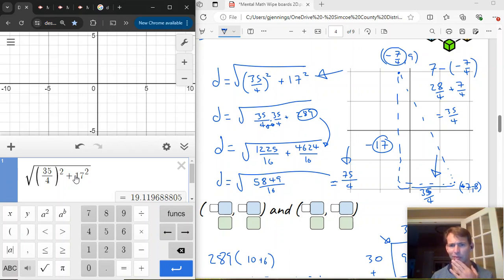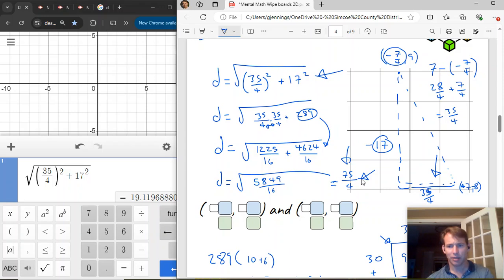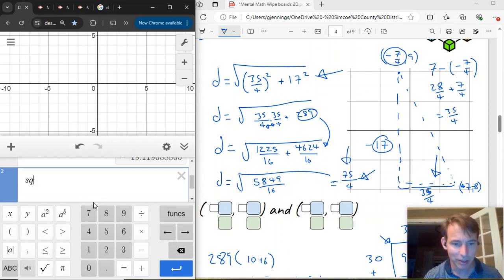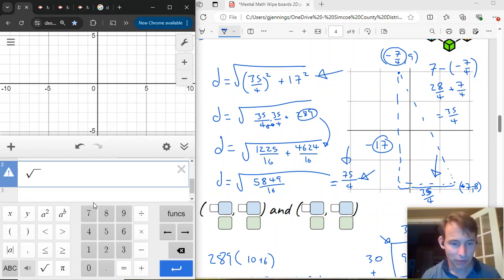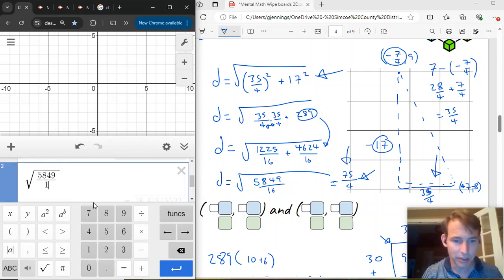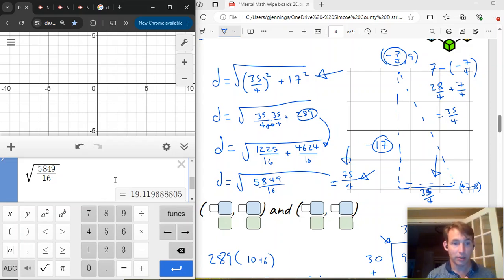Which was slightly wrong. My estimate's slightly off, but still pretty good. So, awesome. And then we might want to just check our math and say, is that the same thing as SQRT of 5849 divided by 16? And that looks good. Yeah, they're the same. So we did it correct.